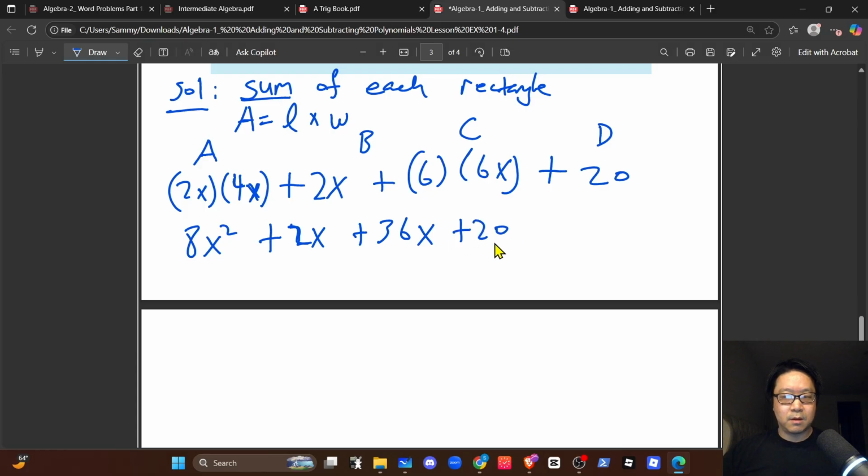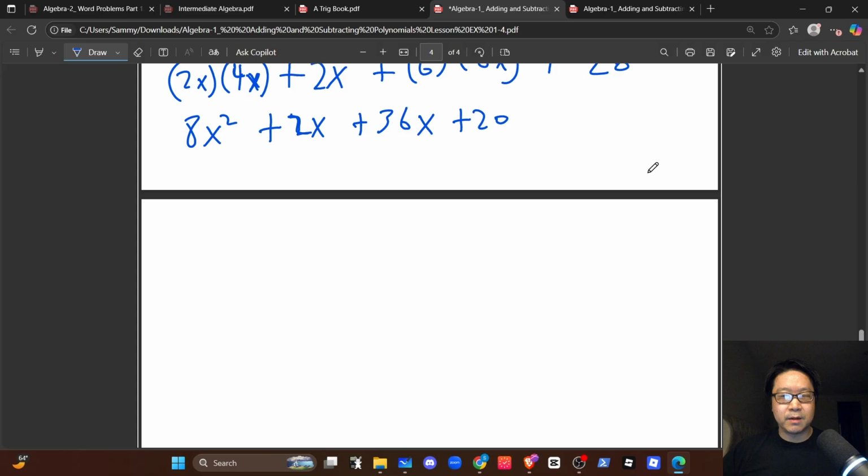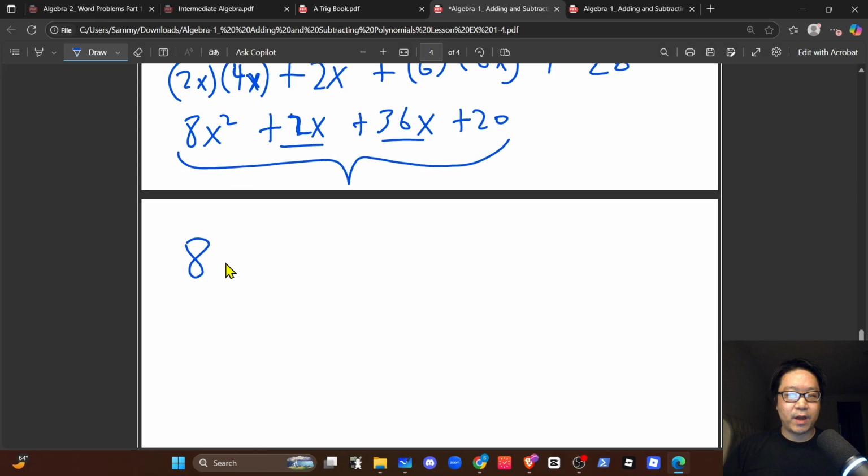And let's see if we can combine like terms. So that's a like term and that's a like term. Both have the variable x raised to the first power. So then we can combine them in this way. We have 8x squared. 2x plus 36x is going to give us 38x.